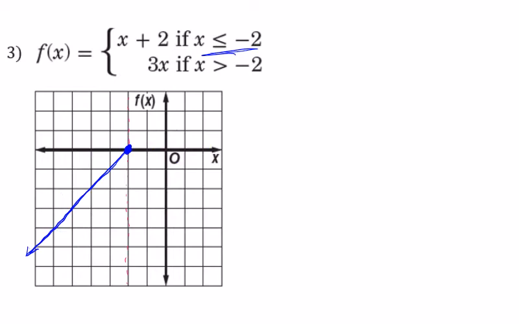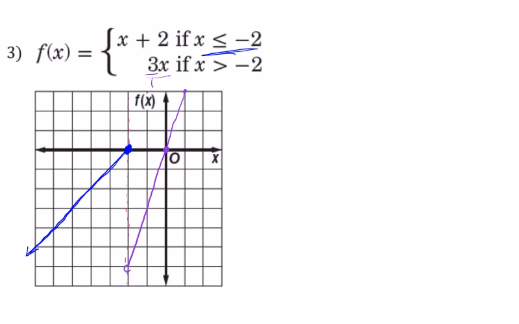So now I'm going to graph 3x when x is greater than -2. So now the y-intercept is 0, so there's a point right there, and then the slope is 3, so I'm going to go up 3, 1, 2, 3, and over 1, so 3 over 1. So the other point's going to be right here, so I can trace this one out, okay, and if it wasn't a piecewise function, it would keep going that way, but I'm going to erase all that because it stops here.